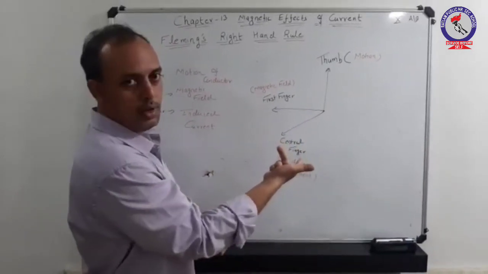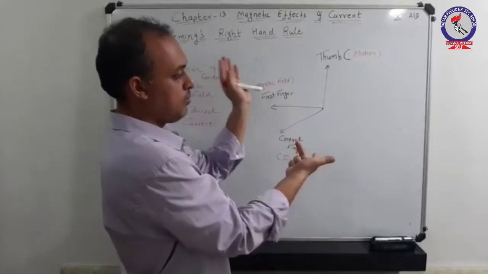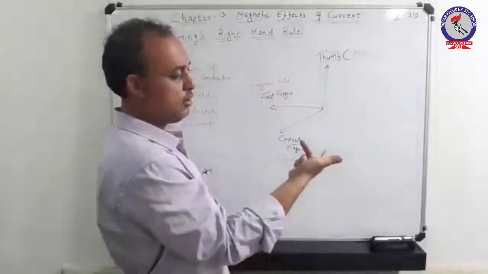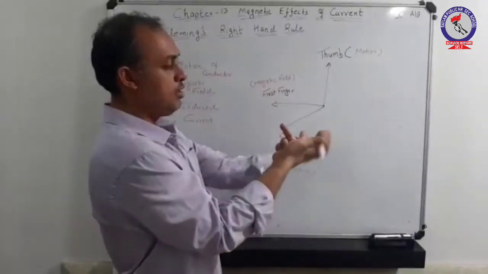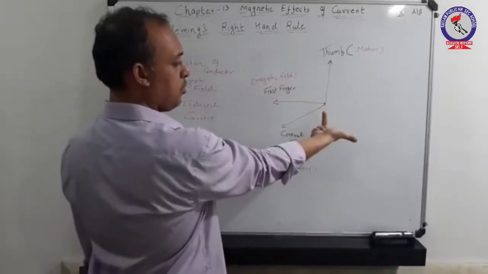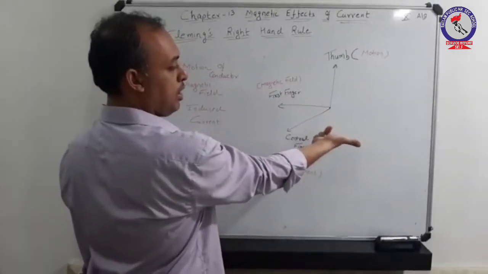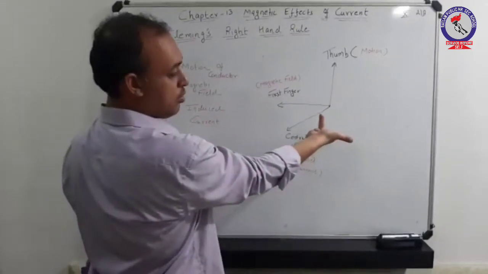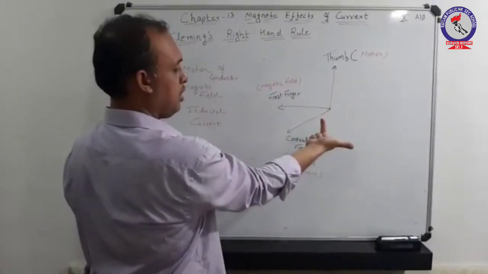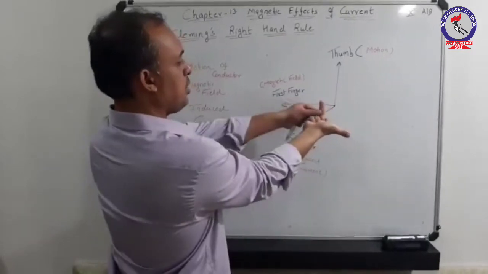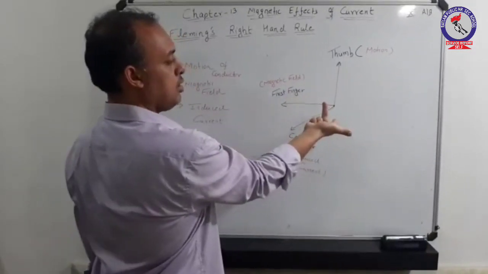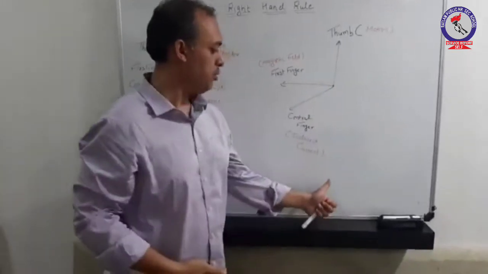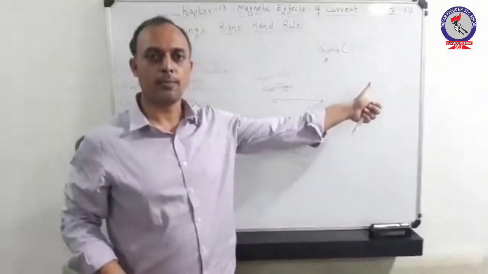I am repeating the concept: the conductor is moving that side and the direction of magnetic field is inside. As you can observe, my thumb is pointing in the direction of motion of the conductor, and my first finger is pointing in the direction of magnetic field. See the direction of my central finger. Under this condition, the induced current will be flowing in the upward direction.